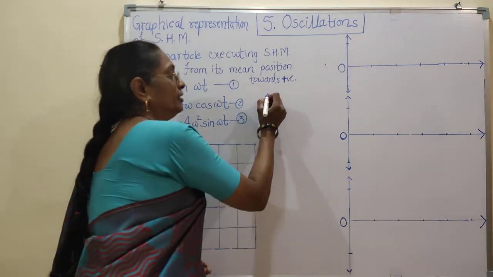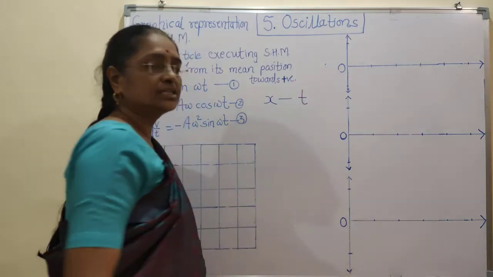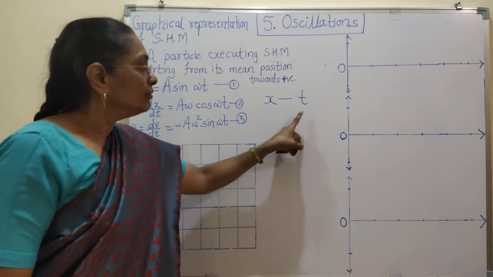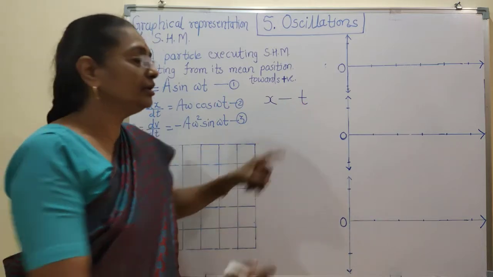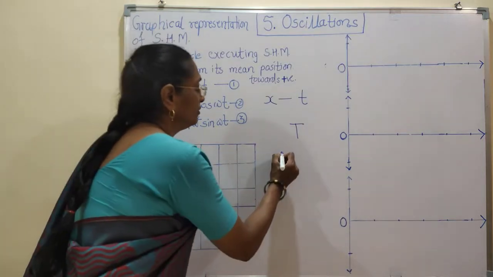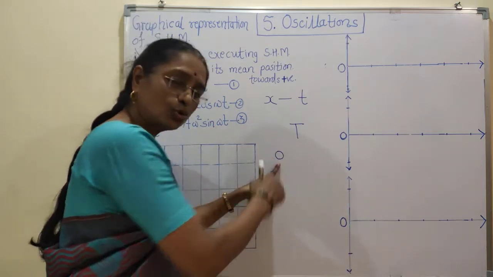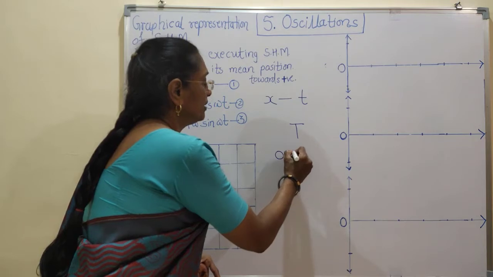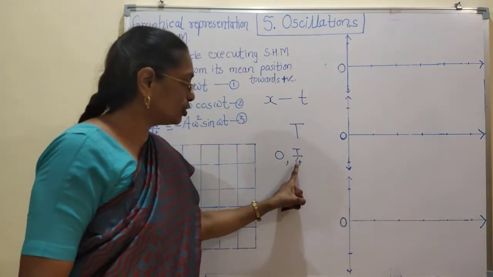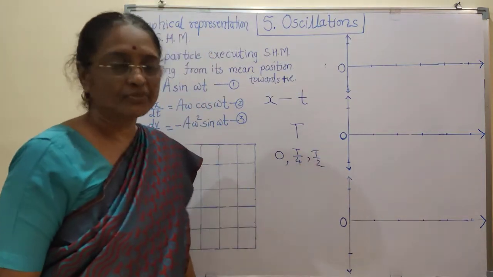So here, if we want to show the variation of x-t, meaning displacement with respect to time, we have to take the intervals of period T in this way. At the start, the time interval is 0, then from 0 to T by 4, then T by 2, like this.